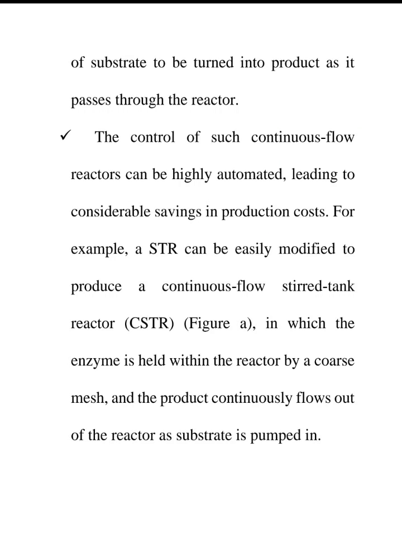The control of such continuous flow reactors can be highly automated, leading to considerable savings in production costs. For example, a STR can be easily modified to produce a continuous flow stirred tank reactor, as shown in figure A, in which the enzyme is held within the reactor by a coarse mesh and the product continuously flows out of the reactor as substrate is pumped in.